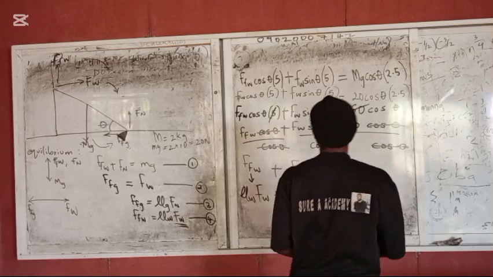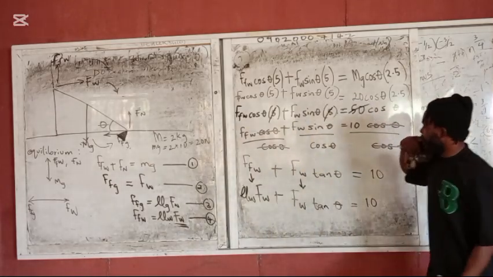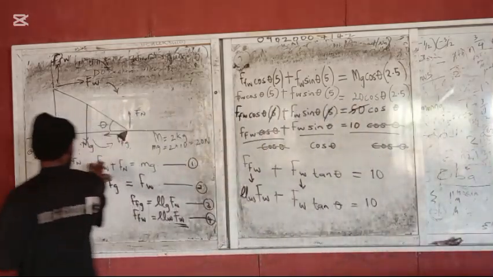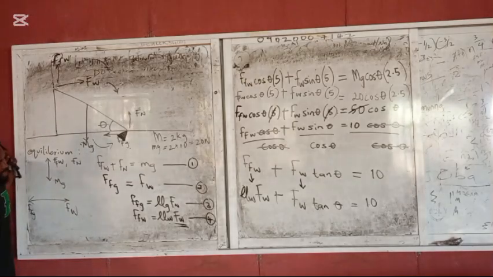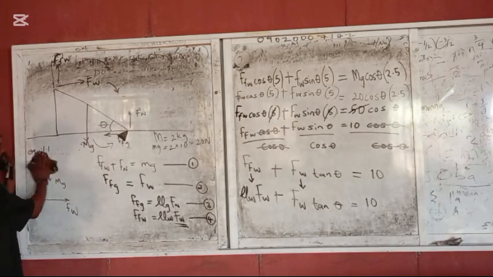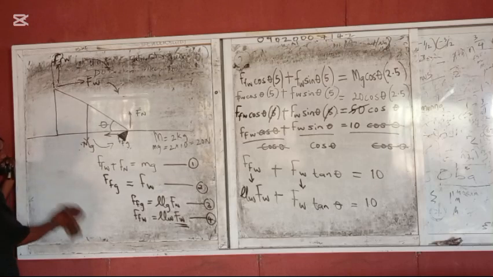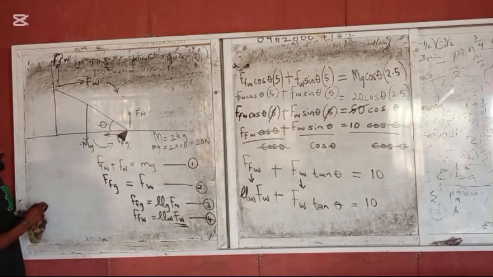Let me just clean this part a bit, I don't think we have any business with it. Okay, I'll just clean this part, because I might have need for this, so that we don't complicate things.